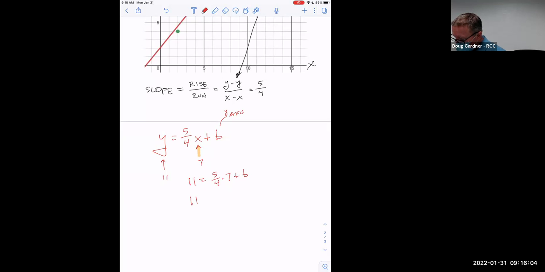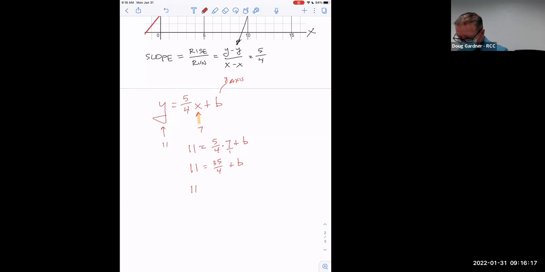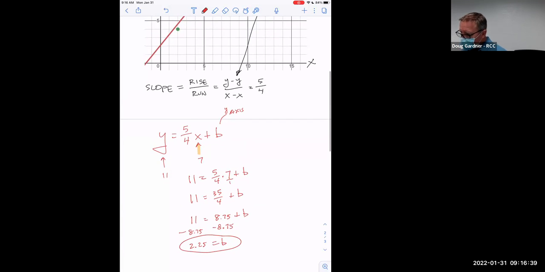Again, I'm hoping that you have some basic math skills. If I multiply 5/4 times 7/1, I multiply fractions straight across, so that's 35/4. No reason I can't do this with decimals. What is 35 divided by 4? That's 8.75. So to figure out what B is, if I subtract 8.75 from both sides, I get 2.25 equals B. Notice that kind of fits the graph.